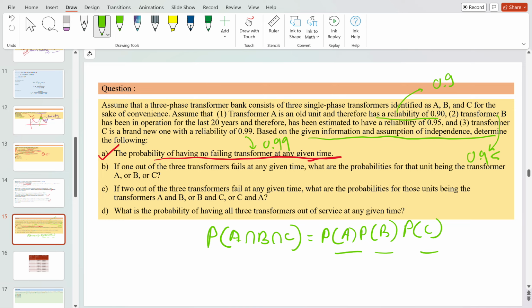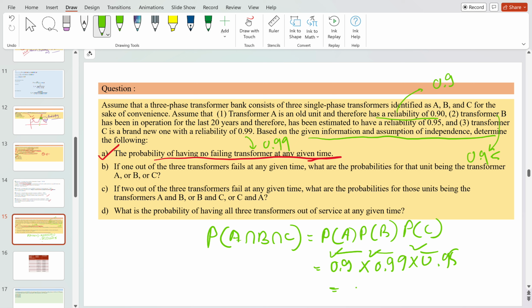The question asks for the probability of having no failing transformer, which means all the things should be fine. So in that scenario, you multiply P(A), P(B) and P(C): 0.9 multiplied by 0.99 multiplied by 0.95.